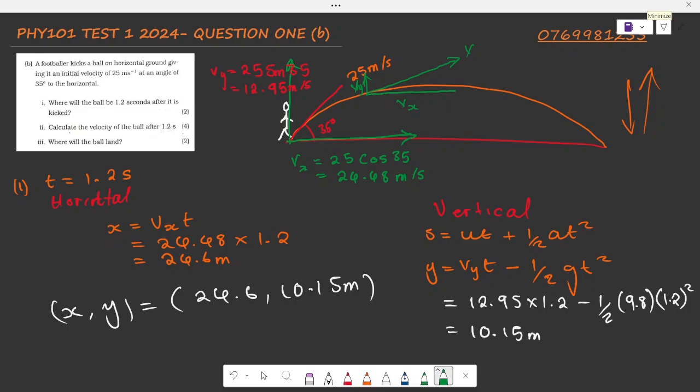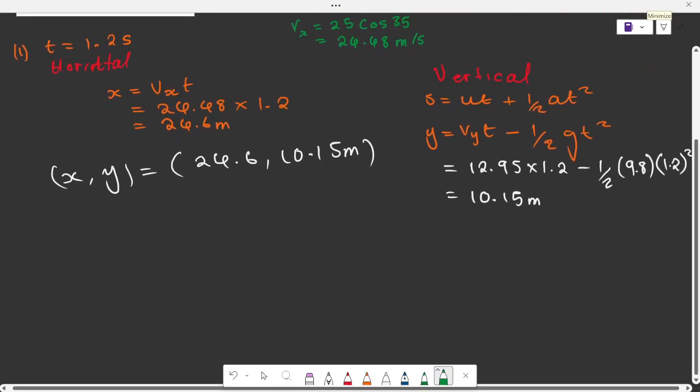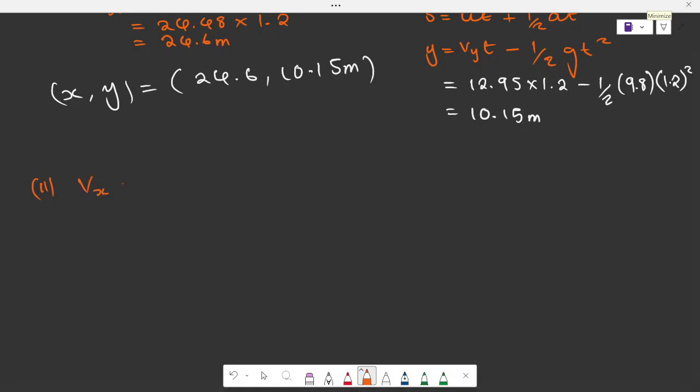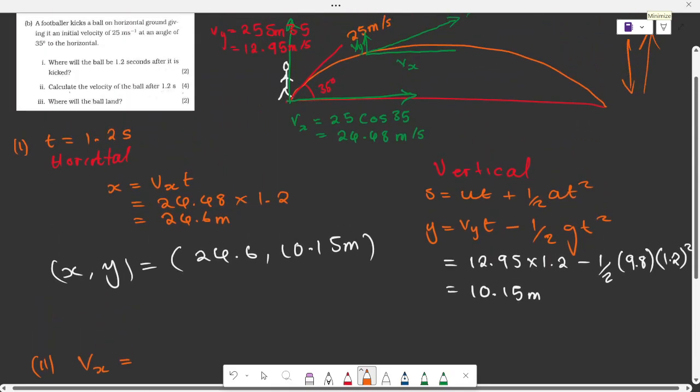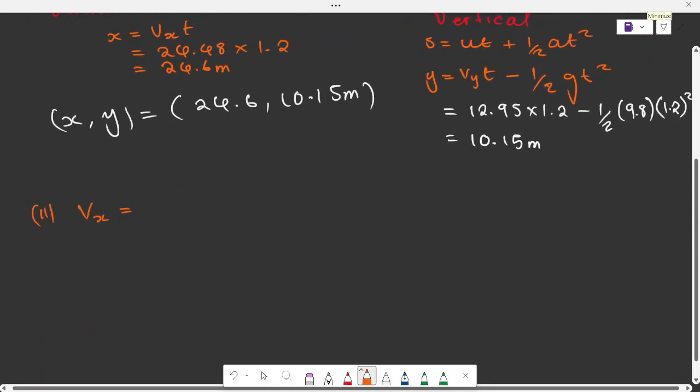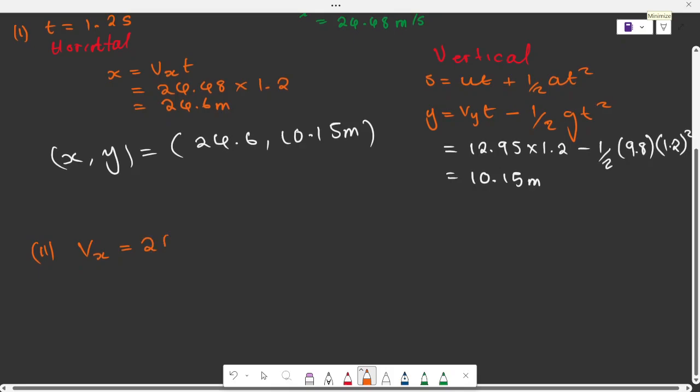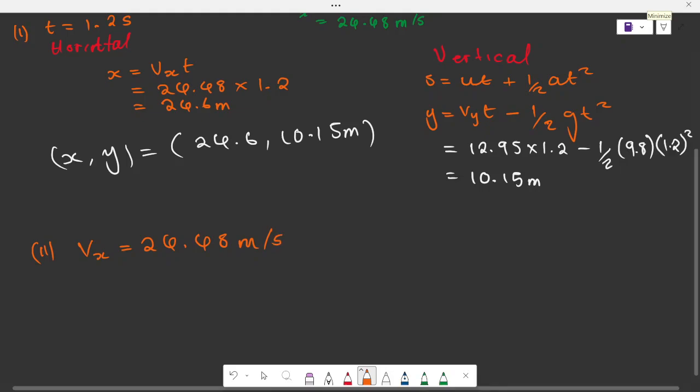To do that, one thing we have to know is that Vx does not change at any position on our trajectory. It never changes. Since we already calculated it previously to be 24.48 meters per second, it will be the same.